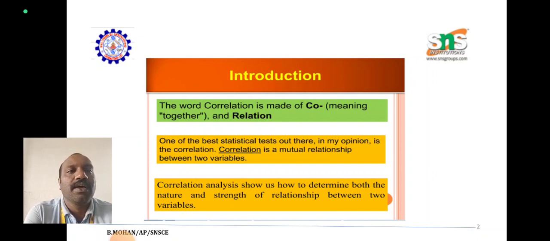Then correlation is a mutual relationship. So how do we apply it in mathematics? We take two variables, called x and y.